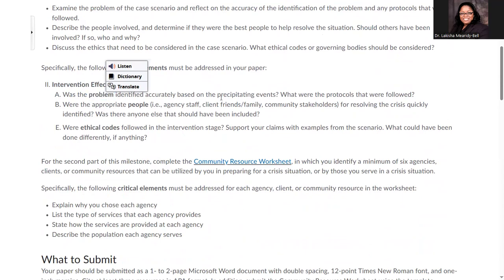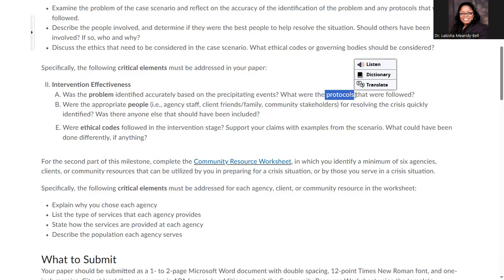Based on what you're learning through your course readings, has the problem been accurately, clearly and concisely described based on the precipitating events, and also what type of protocols or strategies or approaches or steps were followed?